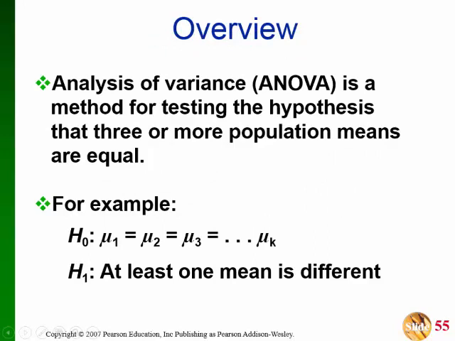Depending on how many samples we have, our null and alternative hypothesis would always look like this. If we have 3 samples, we would stop at mu sub 3. If we had 5 samples, we would go to mu sub 4 and mu sub 5. Usually we don't look at more than 5 samples. In most of these, we'll look at 3 and 4.